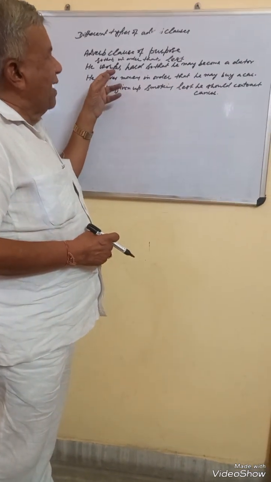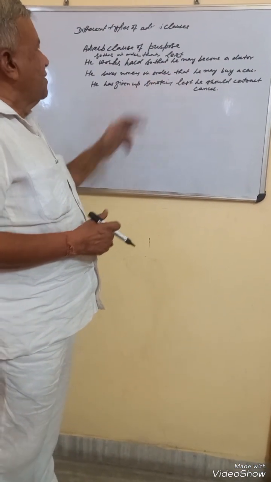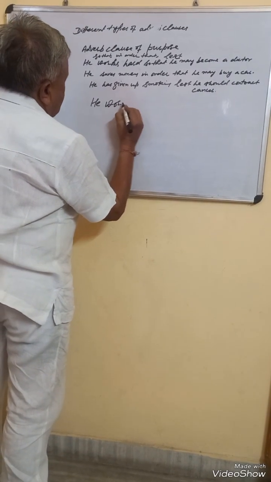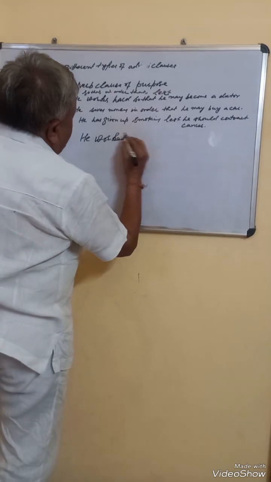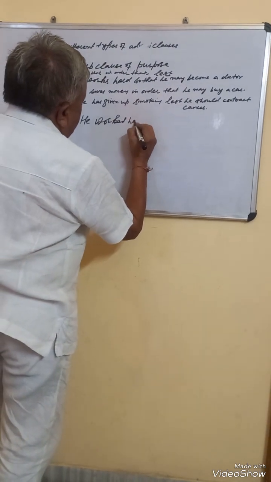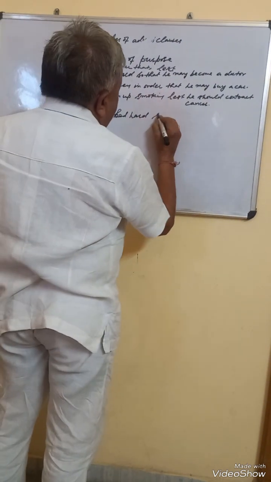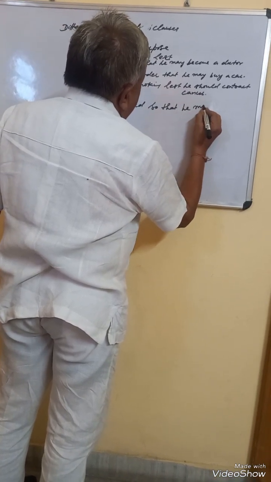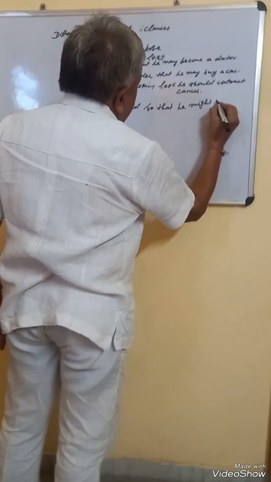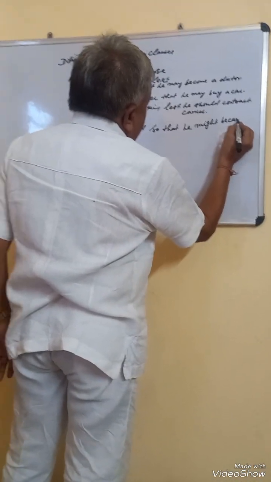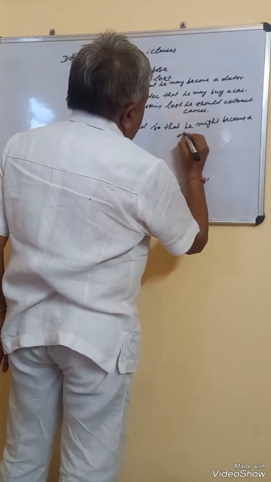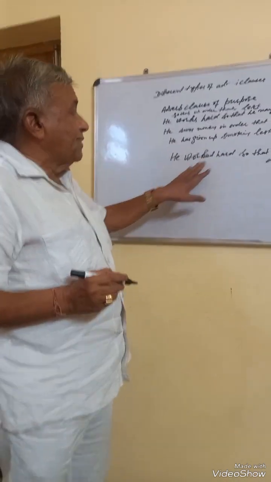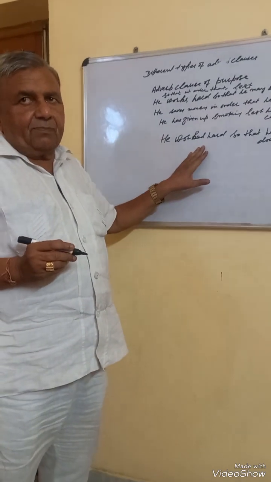Sometimes when it is in the past, then these words also change. He worked hard, so that he might become a doctor. If the main clause is in the past, we are to take note of the fact whether the main clause is in the present tense or past tense.